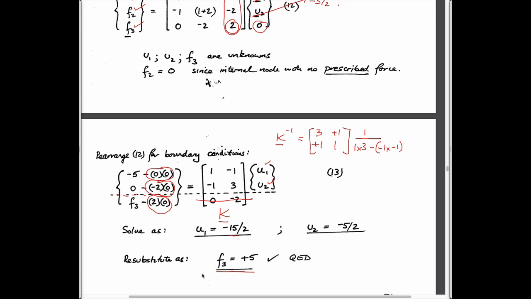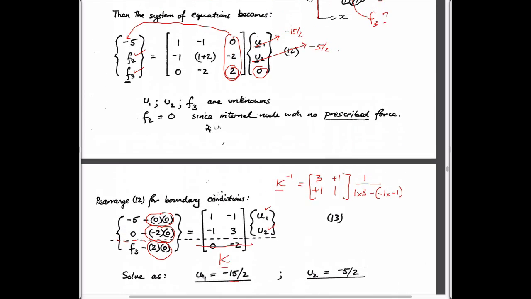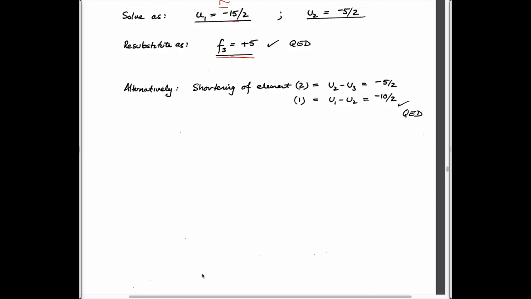And so we can work out whether that makes sense. Does it make sense? So if we look at our geometry, we draw our geometry. These 2 elements. We have a force down here which is equal to 5 going downwards.